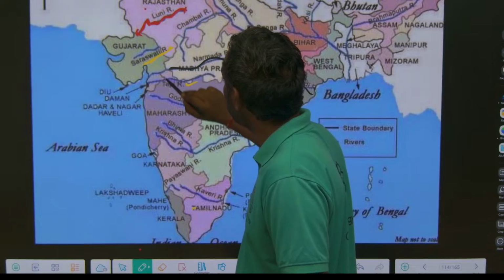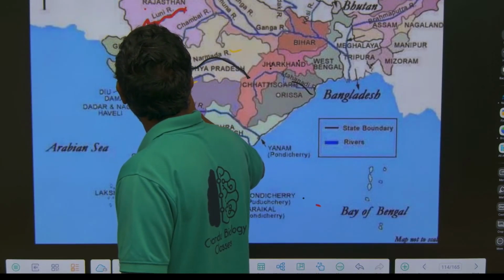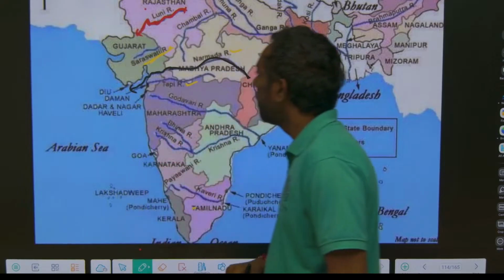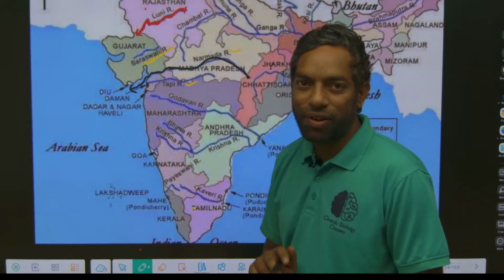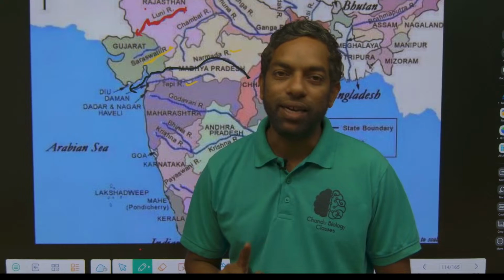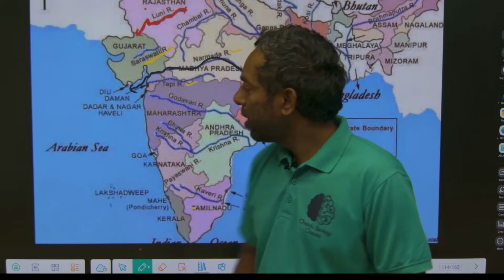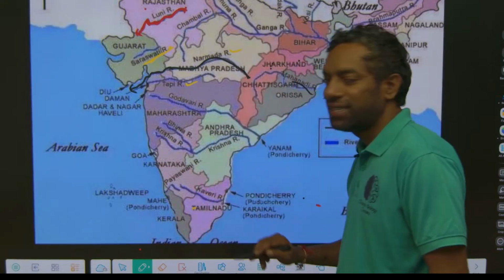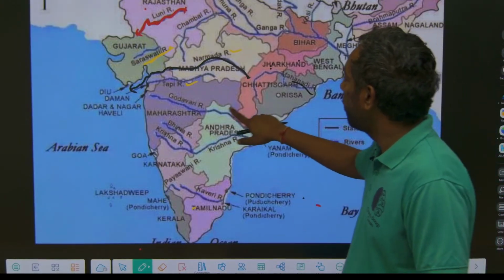They cross the Maharashtra border, finally reach Gujarat, and enter the Arabian Sea. They don't touch Rajasthan. The Narmada is west flowing, but it doesn't touch Rajasthan. Instead it touches Maharashtra, Gujarat, Madhya Pradesh. The origin is near the Chhattisgarh border. So this is the longest west flowing river.